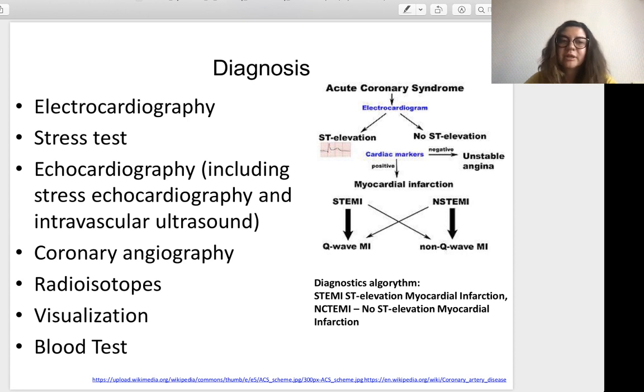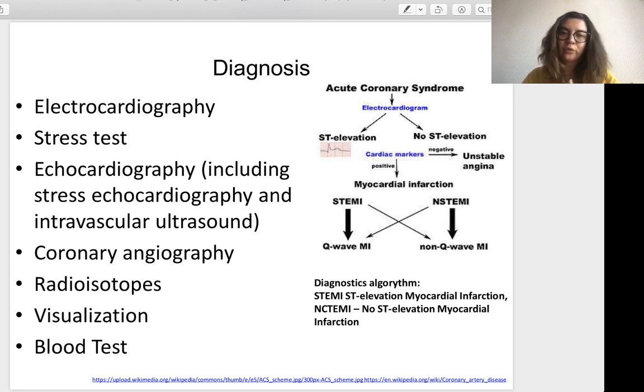Diagnosis. For diagnosis, we use simple electrocardiography. It is a stress test: electrocardiography after some stress, physical or pharmacological. It is echocardiography or heart ultrasound, including stress echocardiography, or ultrasound after stress, and intravascular ultrasound.